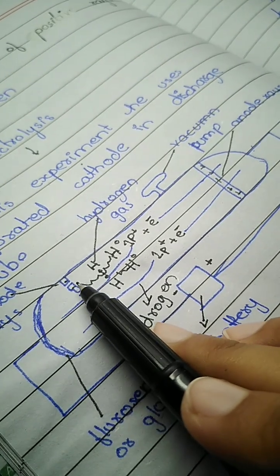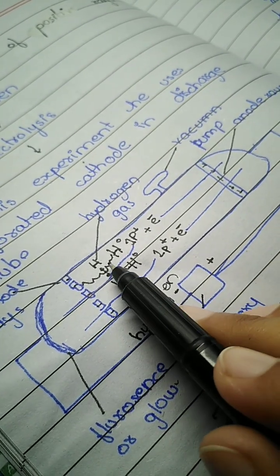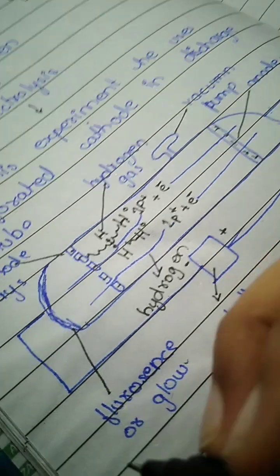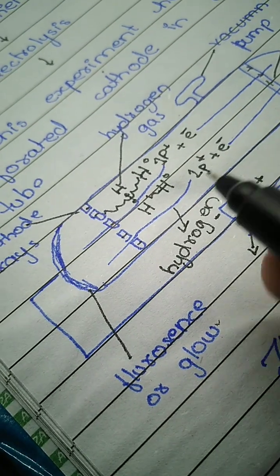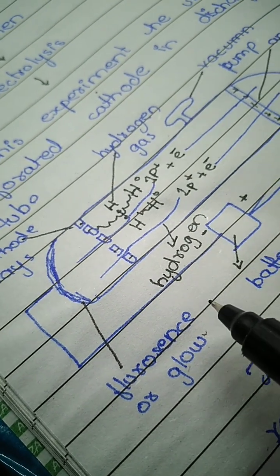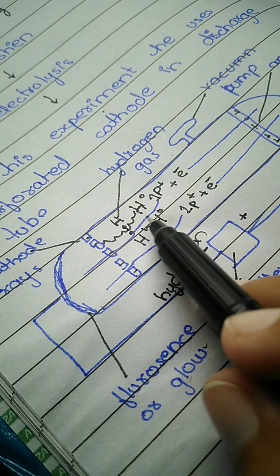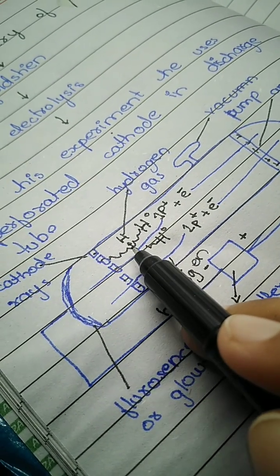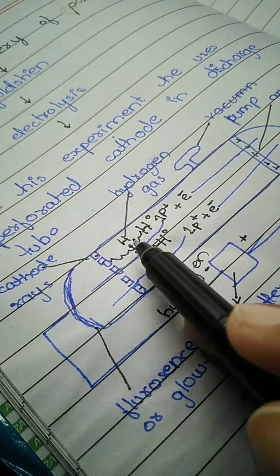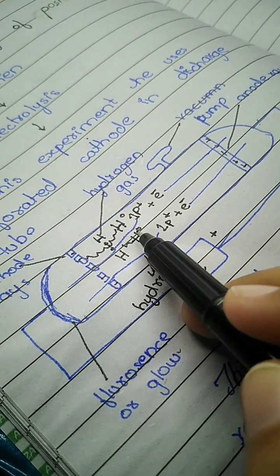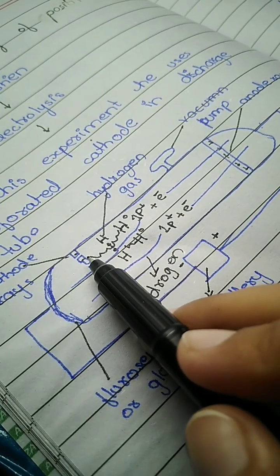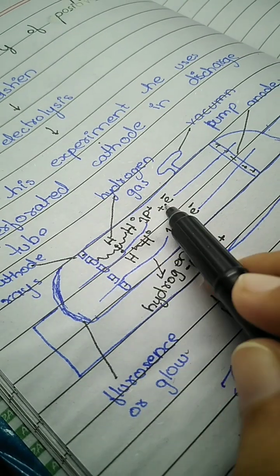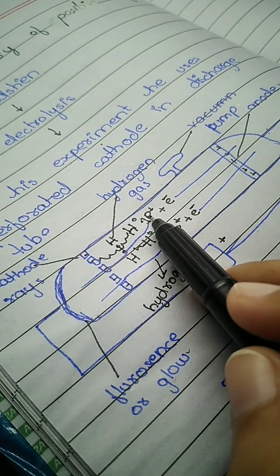The cathode rays strike the bond between one hydrogen and the second hydrogen, because we know that there is a valency in the valence orbit of hydrogen, so they make a bond. When the cathode rays work on it, it breaks the bond of the two hydrogens and they become individual. Now when the cathode rays act on an individual hydrogen, it breaks out the electron and proton.